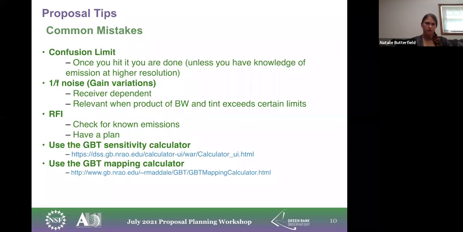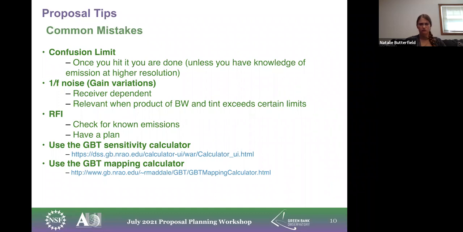All right, so common mistakes. The confusion limit. Basically this is where, if you have multiple sources in your beam, that can add to your confusion limit. So once you hit the limit, you're done, unless you have knowledge of the emission at higher resolution. The 1/f noise, your gain variation.